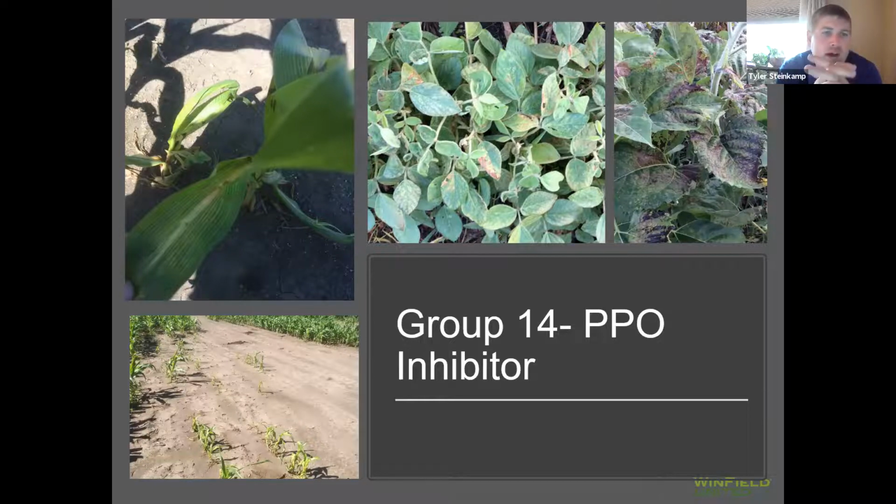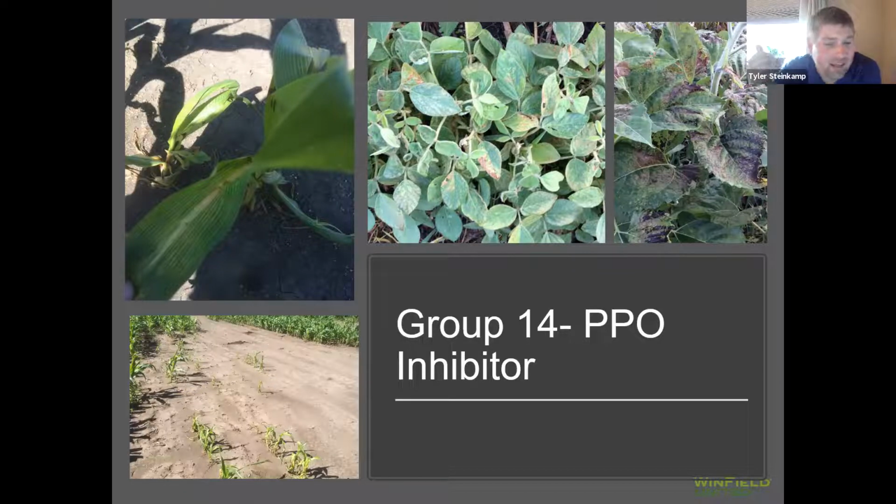Okay, so I'm not really concerned. Every year, especially in the overlaps, areas where maybe the applicator turned a corner, you'll see a little bit of this, right? But as long as the plant recovers, I don't see much for yield loss from it. Now obviously this right here is an extreme situation where there's going to be some yield loss, but most of the stuff that we're seeing is not going to be an issue.